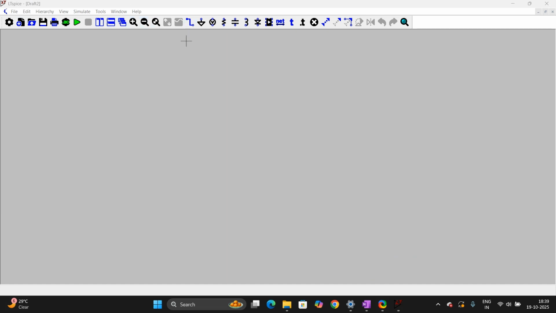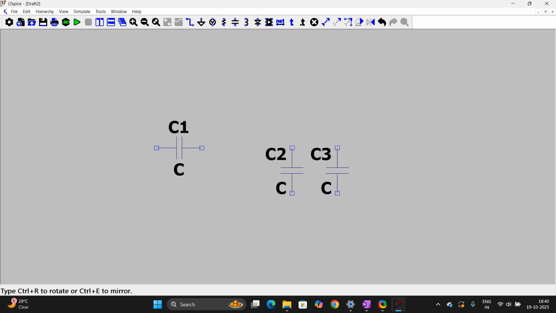So first of all, add capacitors. Rotate this capacitor, Control plus R. Then click, then again rotate this capacitor, Control plus R. If you want resistors, just press R. And if you want a voltage source, just press V.